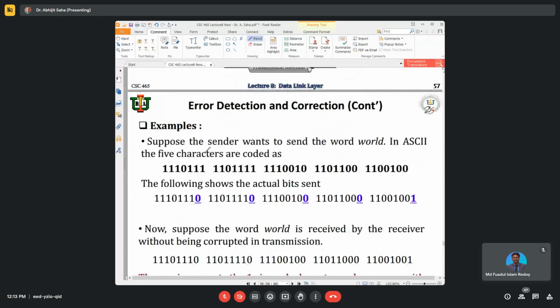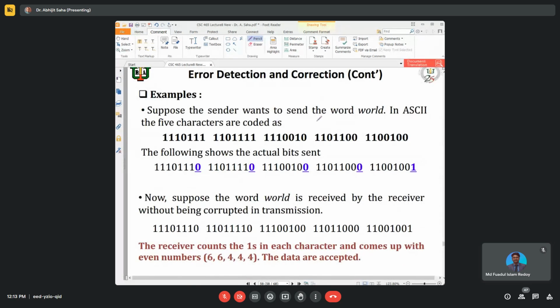So now you can see, suppose we take the word "WORLD" in ASCII, the five characters code like that. Here we are using even parity. You can check that the number of ones is 3, 3, 6. So it's already even, which is why you get 0.